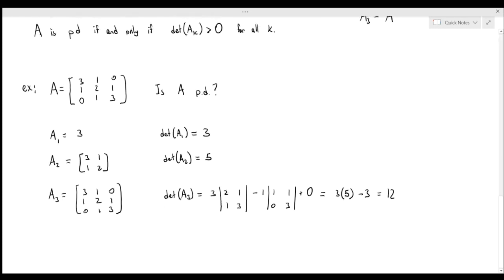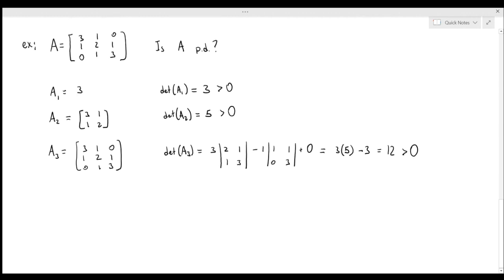And so since the determinants of each of these submatrices were all positive, this theorem allows us to conclude that the matrix A is, in fact, positive definite.